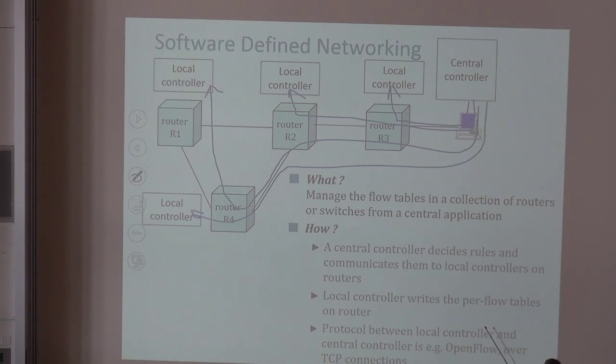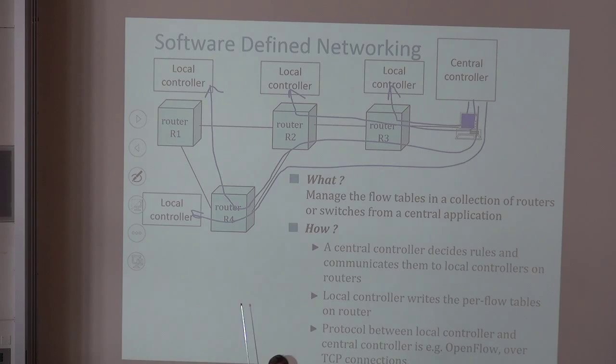So there is another concept that instead of having the rules manually done in every router, we do them from a central computer, from a central application. This is called software-defined networking. So software-defined networking means we have a central application that downloads the rules into the local controllers at every router. The local controllers are simply translators.